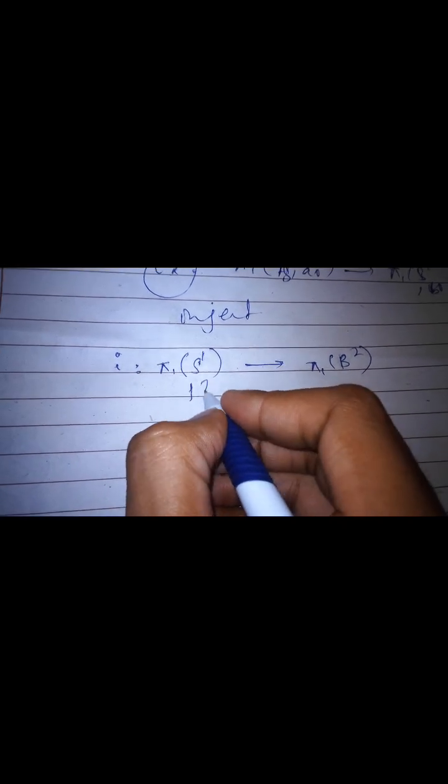if we see this mapping, the first fundamental group of S1 into the first fundamental group of B2, as we know the first fundamental group of S1 is isomorphic to the integers and the first fundamental group of B2 is isomorphic to the trivial group. So i star is not an injective map, because there are infinitely many integers and here there is only one element, zero.